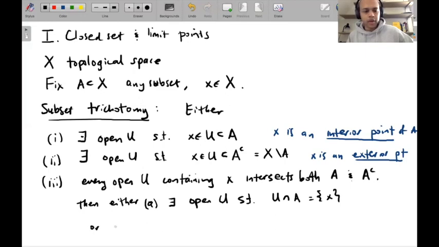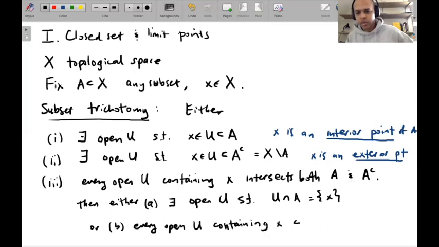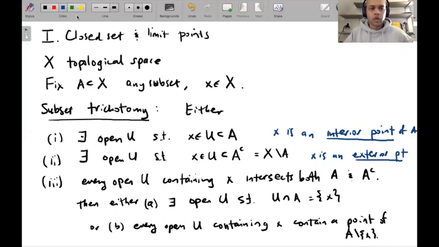Or it might be the case that every open set U containing X contains a point of A minus X. So in this first case, we say X is an isolated point.